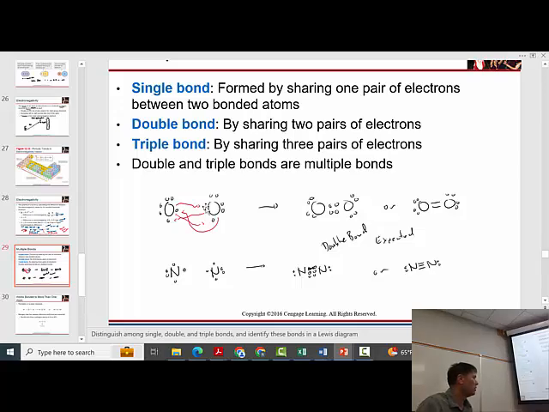Triple bonds are quite strong, about 1,000 kilojoules per mole, meaning that that bond is hard to break. And this is the amount of energy it takes to break a mole of the bonds.